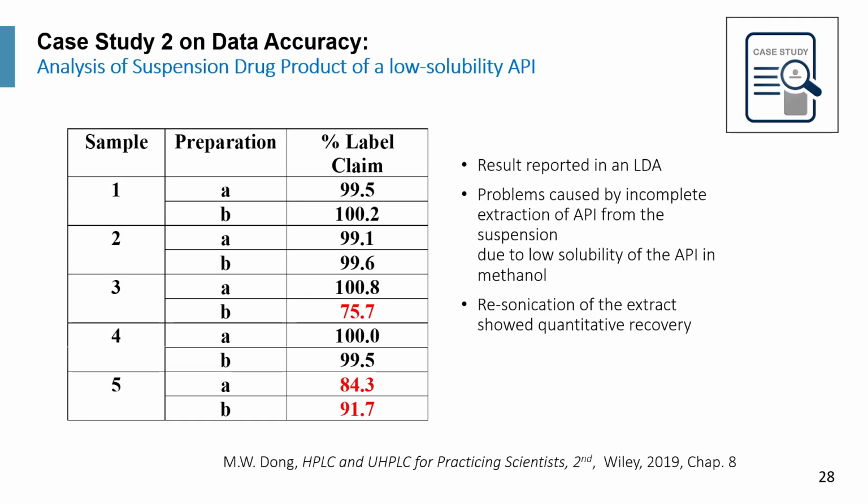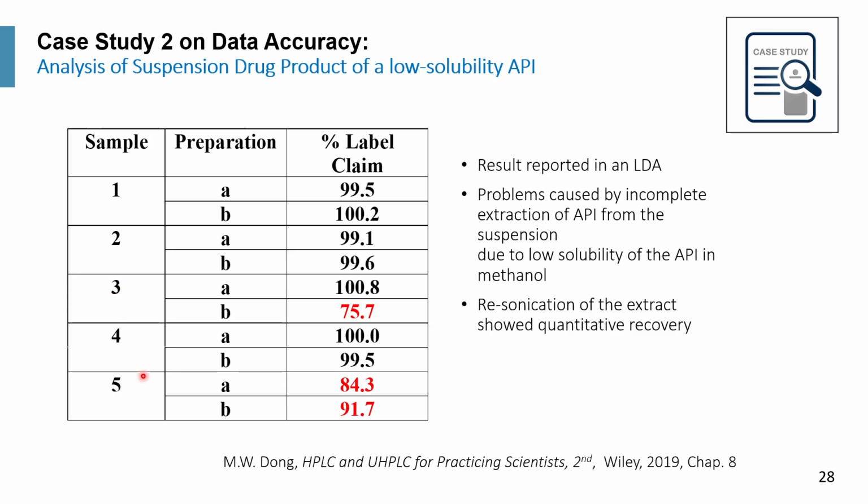Case study 2 was a data accuracy problem. We were analyzing a clinical phase 1 sample, which used a suspension drug product. The method called for injecting 10 samples from the same clinical suspension.